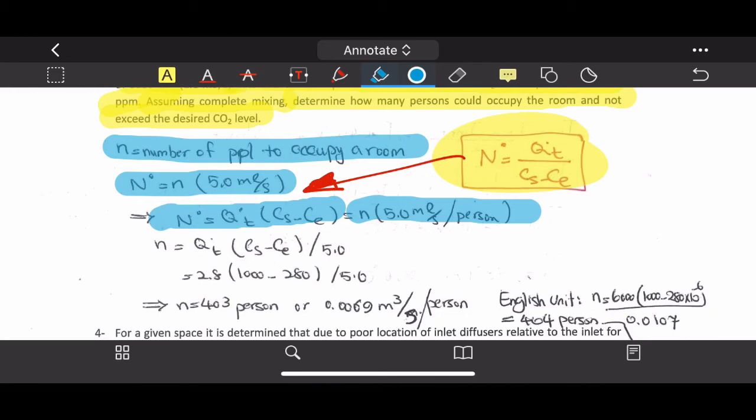So small n will replace the big N, and equals Q dot times the bracket CS minus CE, and you have to divide by 5 milliliter per second. Because N dot is the rate, but we want to know the number of people there.